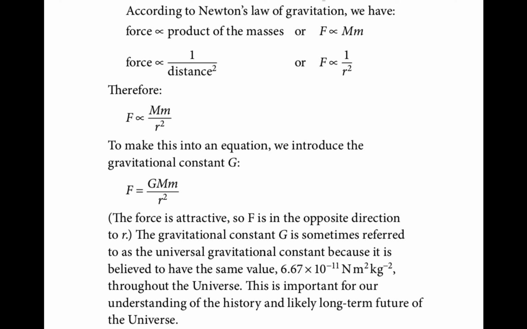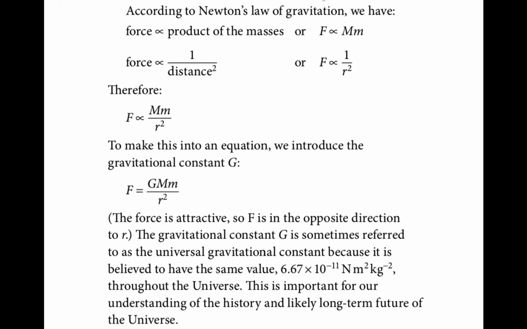So this is how we convert this into an equation. We use Newton's law of gravitation, and we know that force is directly proportional to the product of the masses. So if we take the greater mass to be capital M and the smaller mass to be small m, force is directly proportional to M into m, and force is inversely proportional to r square, where r is the distance between these two masses.